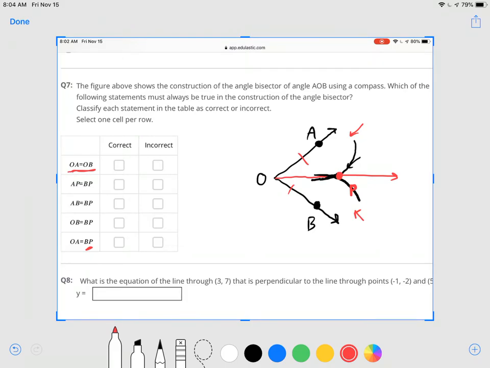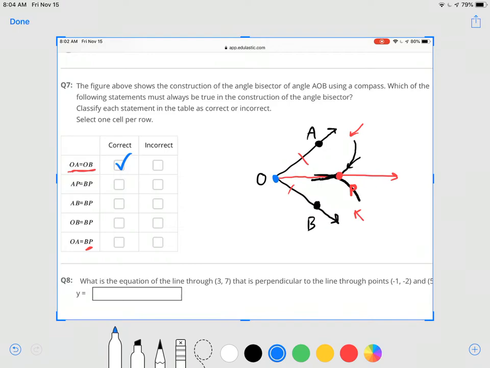That has to be true, because the first step in creating an angle bisector is you put the compass down at the vertex of the angle and draw a circle that intersects both sides of the angle. Since it's the same circle, the radius from here to here has to be the same as the radius from here to here. So that's why OA and OB have to be congruent to each other. This is correct, that has to be true.